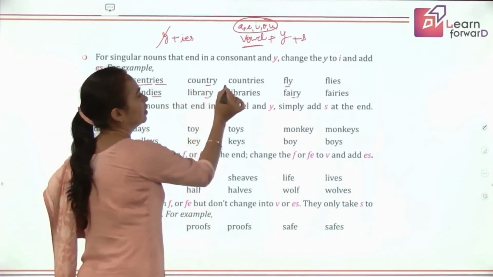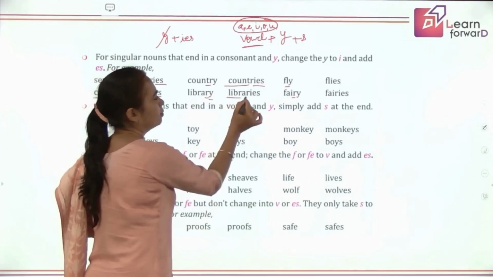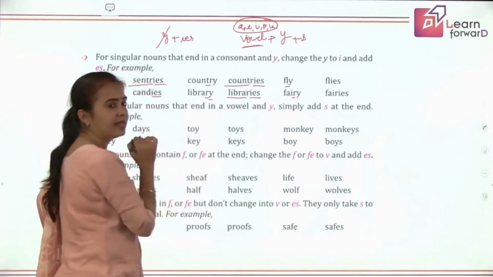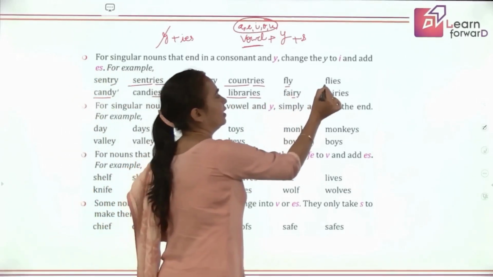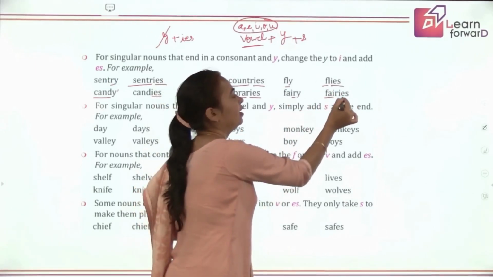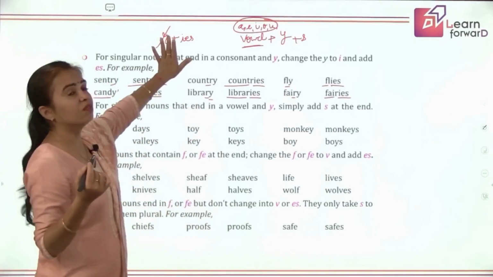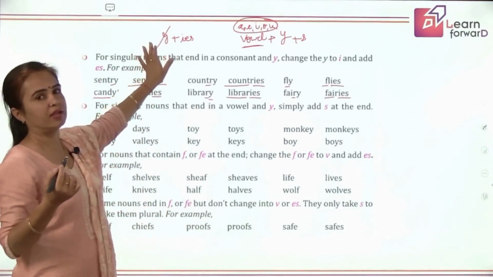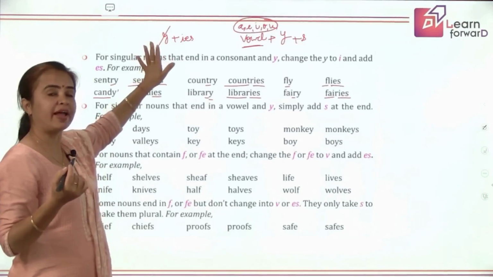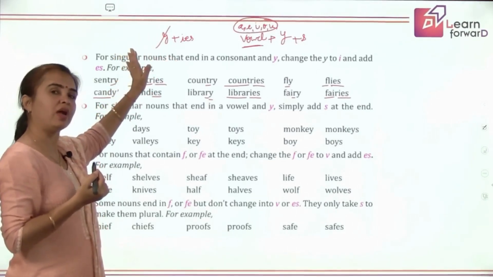Country, then ies. Library, up to r, then ies. Fly, and then ies. Fairy, and then ies. Simple. Why? Because there was a consonant before y, right? For all y ending words, you have to check out whether there is a vowel before y or a consonant before y.